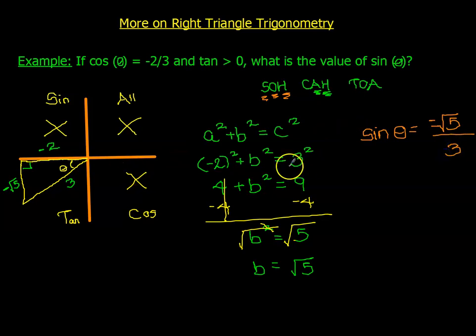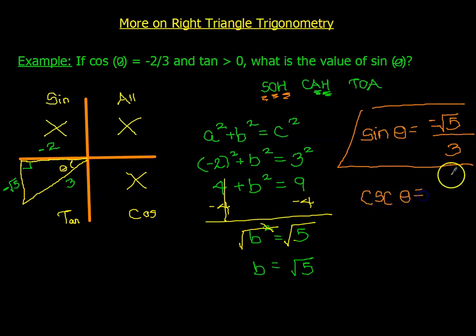And that makes sense because I am in quadrant 3 where only tangent and cotangent are positive, so sine is negative. You could actually find any trig function that they ask for once you have all three sides. So for instance, if I wanted sine's reciprocal, which is cosecant, I would just flip this fraction, giving me negative 3 over square root of 5. You could rationalize the denominator, but since you're working with multiple choice, it would depend.